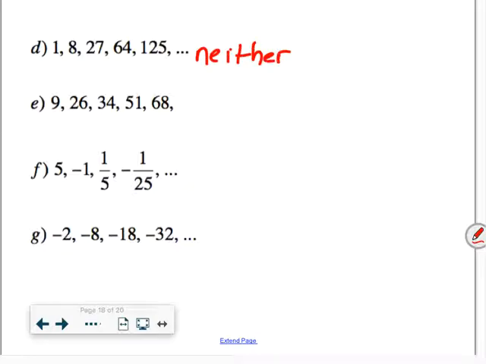What's the common difference if you think E is arithmetic? What did you add to every single one? It's neither. I don't have a common difference there, so it's actually neither. All right, how about F? Geometric. And G? Neither.